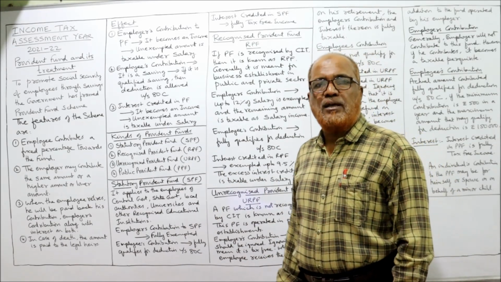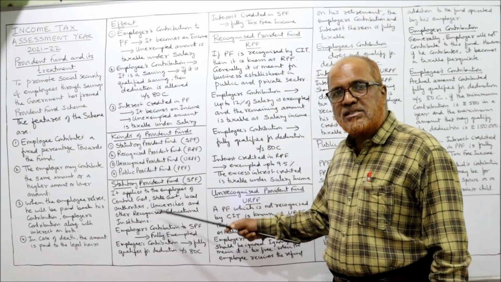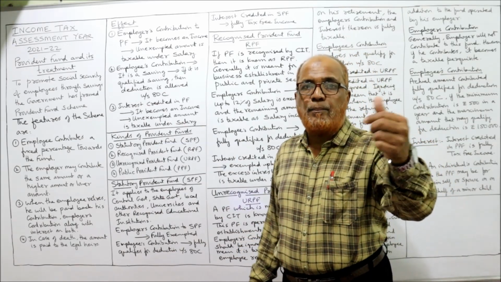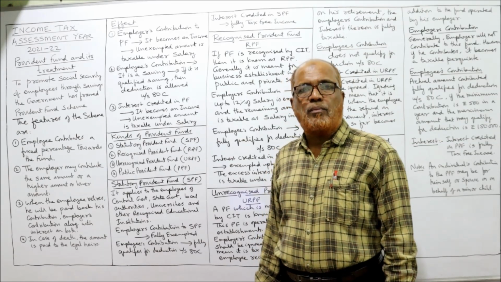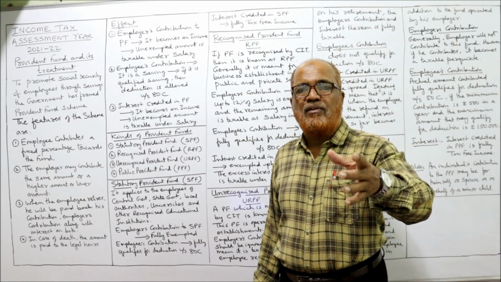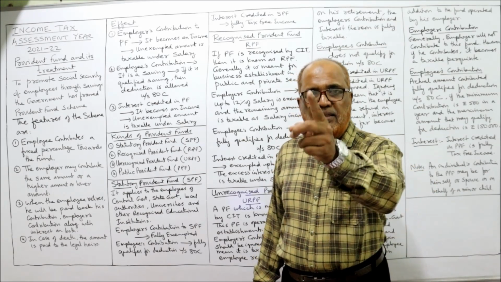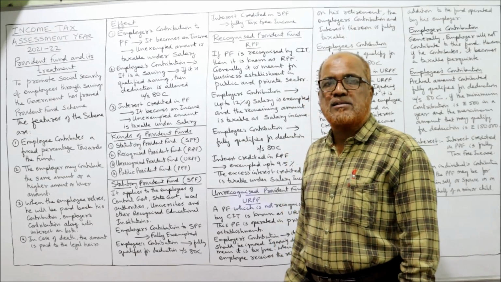One by one we have to study. Remember, this is very important because whatever I am discussing now may appear in the problems. In the next video, I am going to start the problems. In each and every problem, you will come across the Statutory Provident Fund or Recognized Provident Fund. At that time, you must know the provision, whether it is taxable or not taxable.